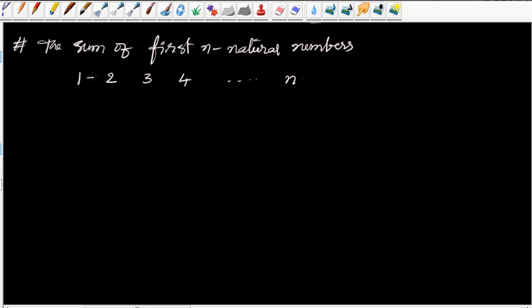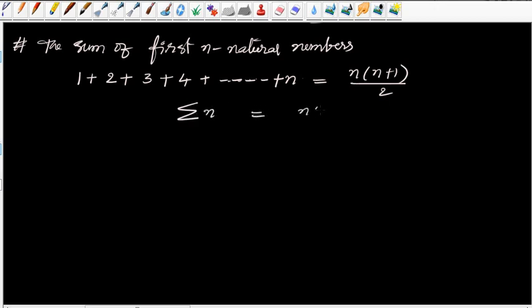N. So we are going to do the sum of the first n natural numbers like that. It is equal to, the formula is n into n plus 1 by 2. This is the sum of first n natural numbers. Now this can also be written as sum of n natural numbers, that is n into n plus 1 by 2.